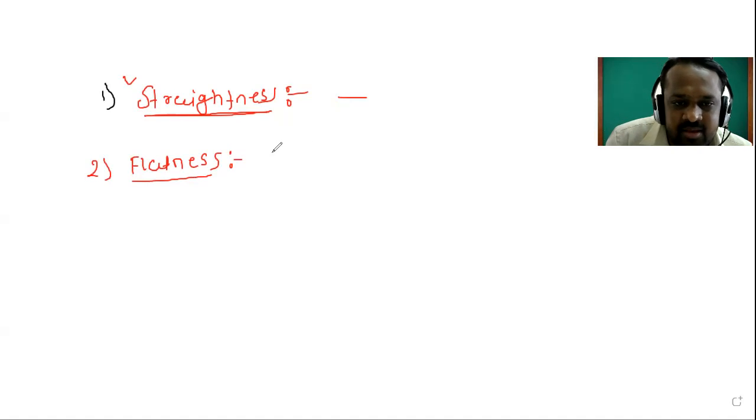For example, suppose we have one component like this. I have checked the surface of that component in all directions with the help of a dial gauge. A dial gauge is an instrument.